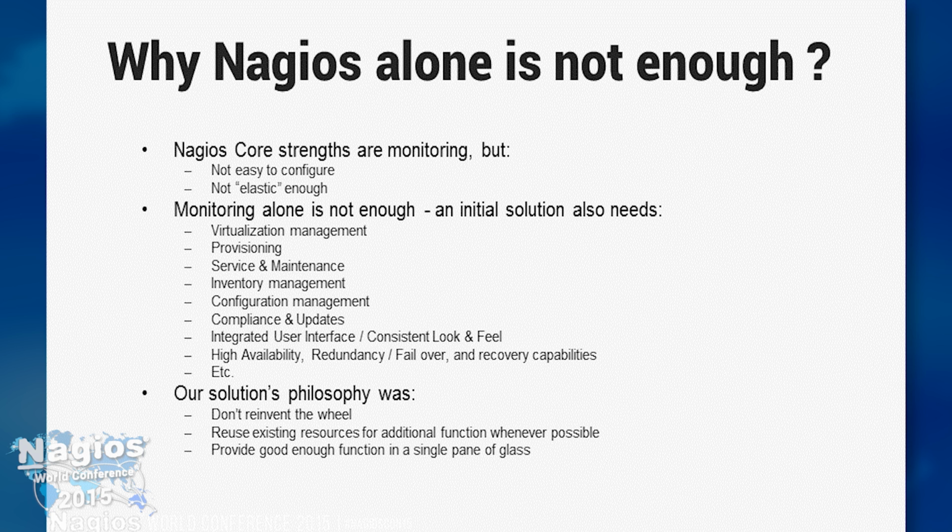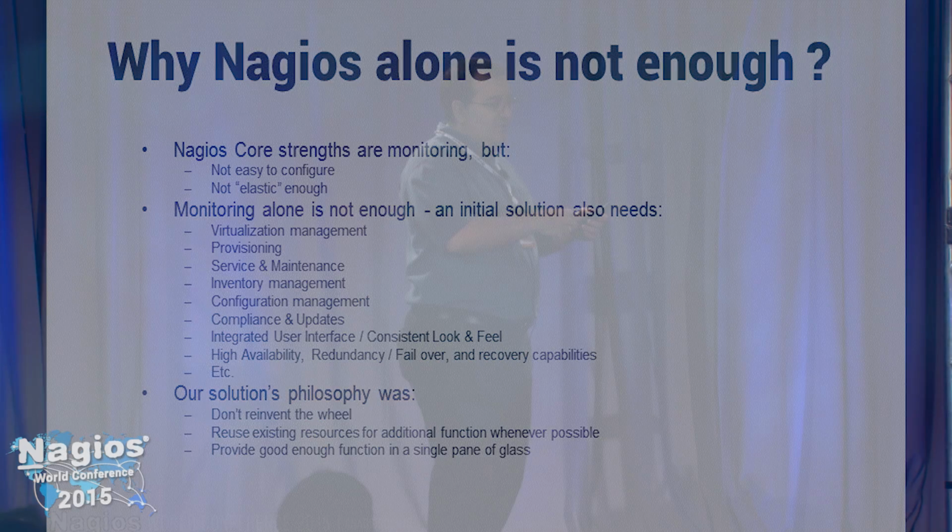So it does a very good job at it. But on a converged solution, what we wanted is something that gives us a view of all the components that we have, and it will be very easy to add a component. And in a customer environment, you would be adding a component, and you need to do a lot of configuration on Nagios and the monitoring infrastructure itself to be able to monitor these extra components, right?